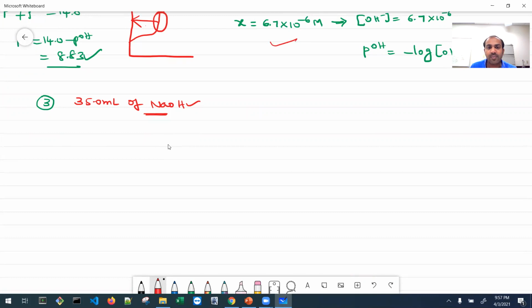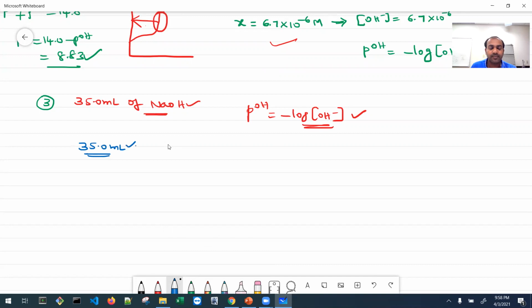So how can we find the pOH? We need to know the concentration of OH minus ions. We will know that by looking at these numbers. You have 35 milliliters of sodium hydroxide, correct?